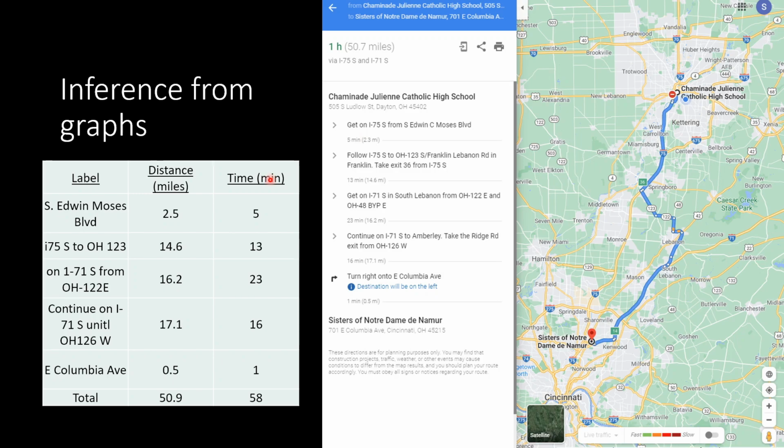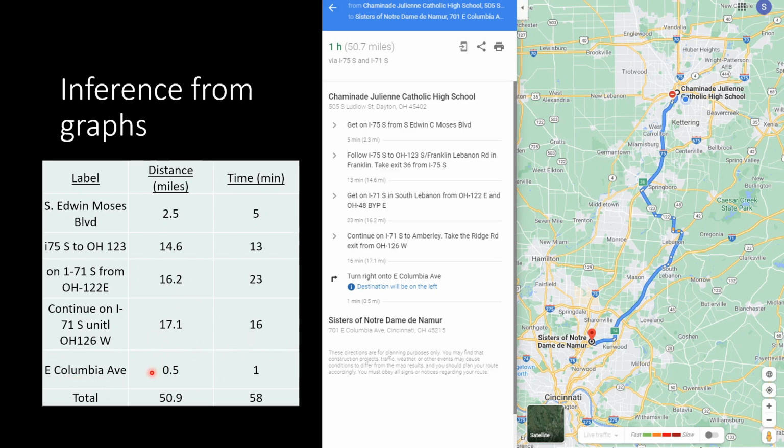I'm traveling on Edwin Moses Boulevard for a distance of 2.5 miles for 5 minutes. Then I'm traveling on I-75 South for 14.6 miles for 13 minutes. Then I-71 South for 16.2 miles for 23 minutes. Then I'm continuing on 71 South for another 17.1 miles for 16 minutes.